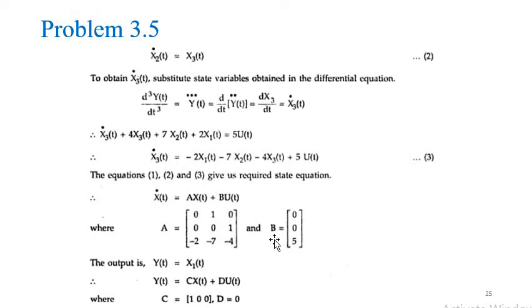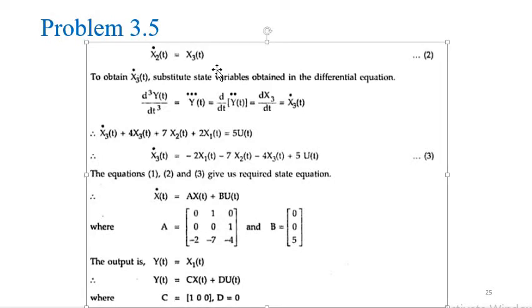Similarly, in case of the B matrix, there is no input element in the first two equations, that is x1 dot and x2 dot. But in the third equation, we have an element plus 5u of t. So the element corresponding to the third row will be 5. Similarly, the output y of t was chosen as the first state variable x1 of t.